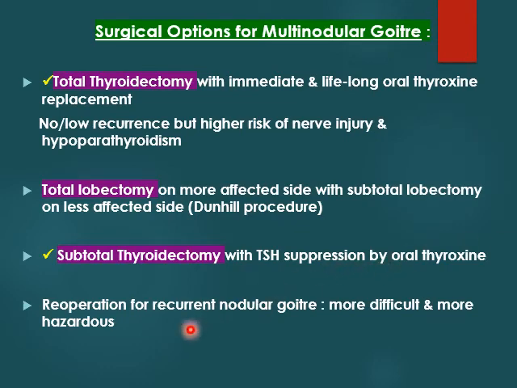What are the surgical options available for multinodular goiter? Surgery is basically thyroidectomy, of which there are 3 types: total thyroidectomy, total lobectomy, and subtotal thyroidectomy. In total thyroidectomy, the patient is given lifelong oral thyroxine replacement.